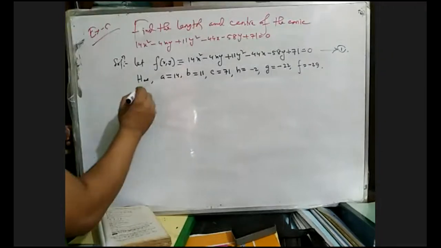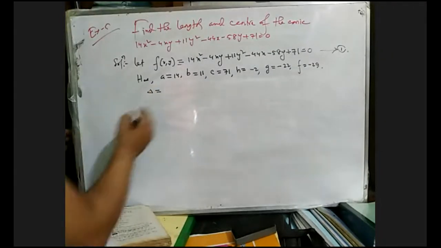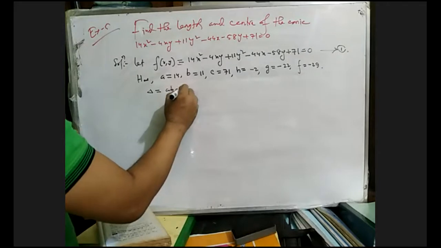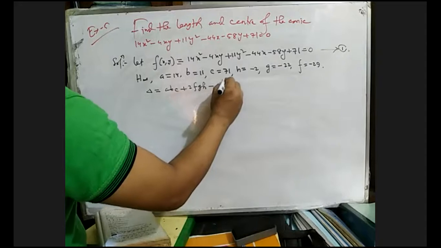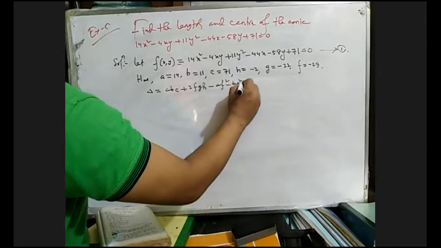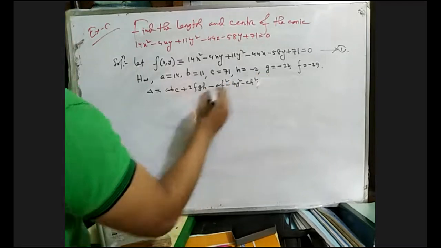So we get the value of determinant abc plus 2fgh minus af square minus bg square minus ch square equals to what will be?